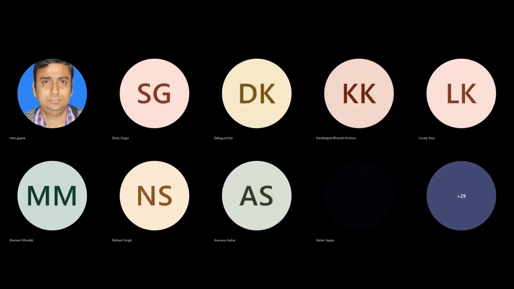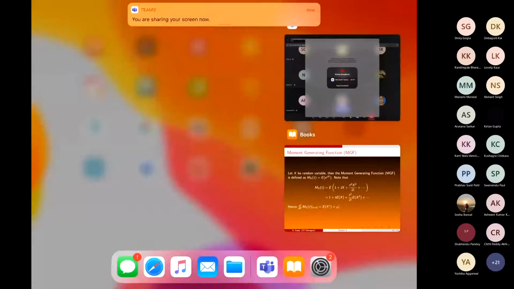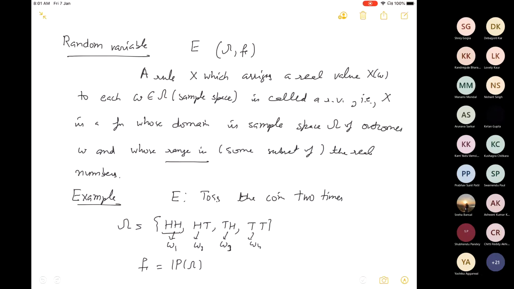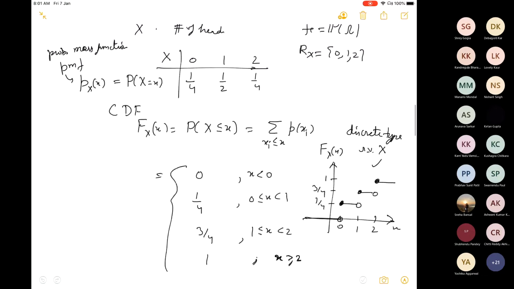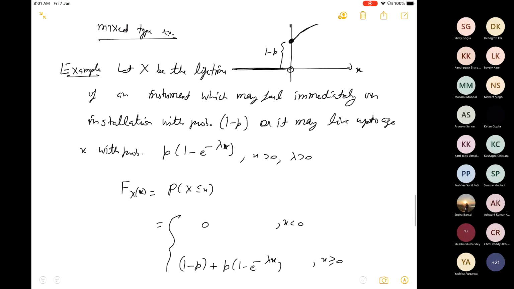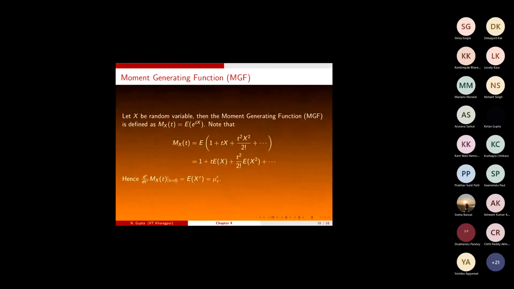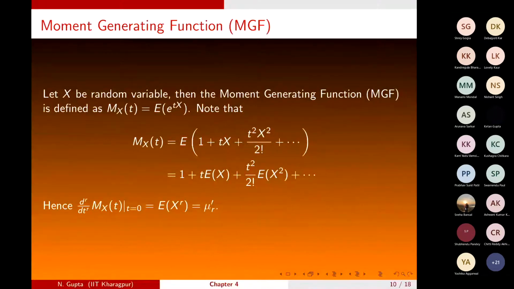Introduction to probability. So let us continue that. Last time we have defined the moments.